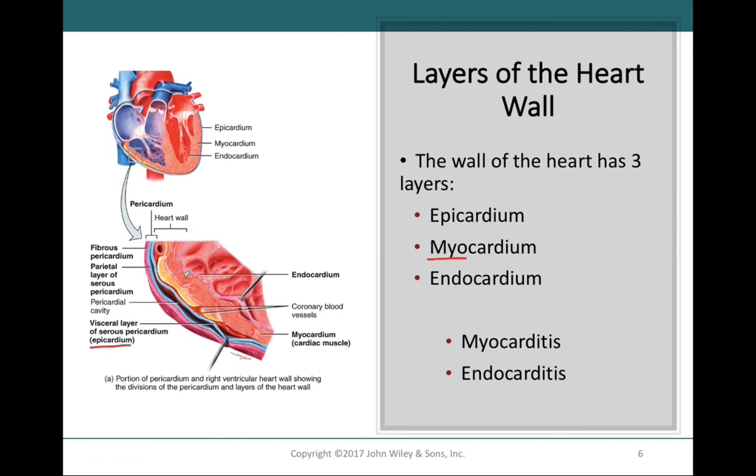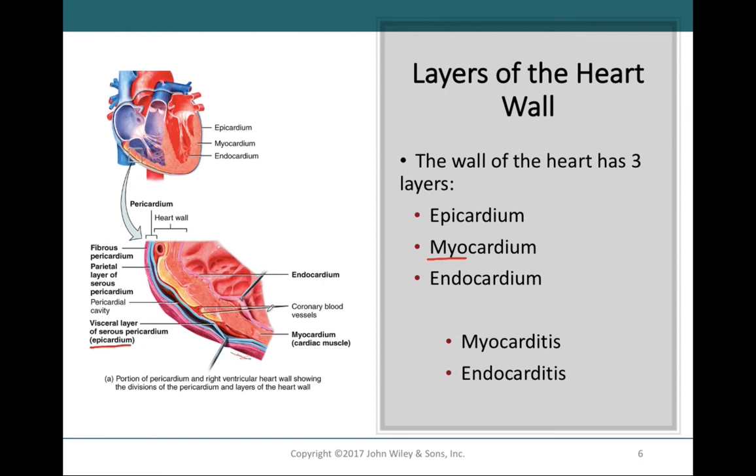And as this middle layer is made up of muscle, this is going to be the layer that is in charge of providing the pumping action of the heart. It is the contraction of these cardiac muscles that allow for blood to get pumped through the vessels. Now, below this, we have the endocardium. The endocardium is made up of a very thin layer of endothelium that lies upon another thin layer of connective tissue.